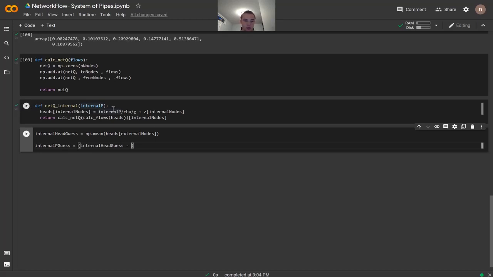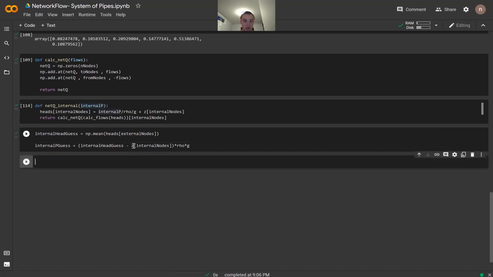So we just solve for this other equation for the internal pressure guess, except we could just have different variable names. So that would be minus the elevation at the internal nodes times rho times g, acceleration due to gravity. So that will give us our internal pressure guess from a good internal head guess, which would be the average of our heads at our external nodes.